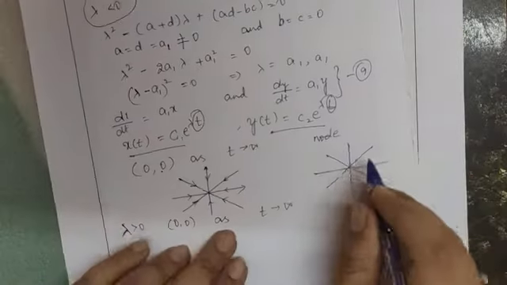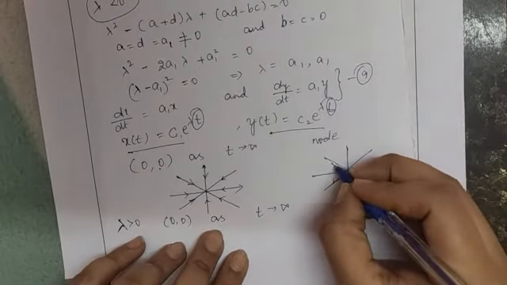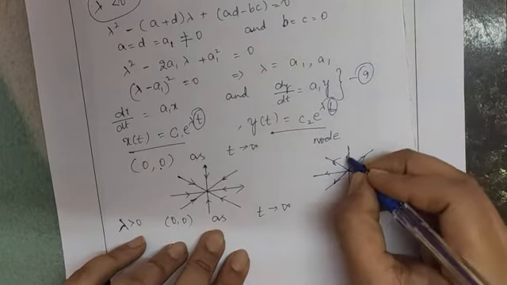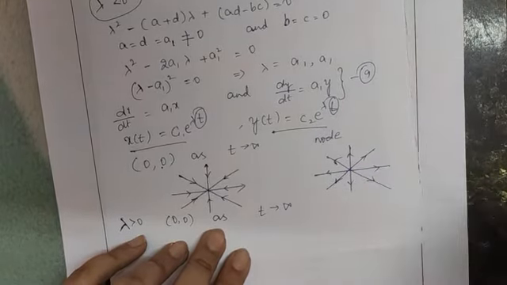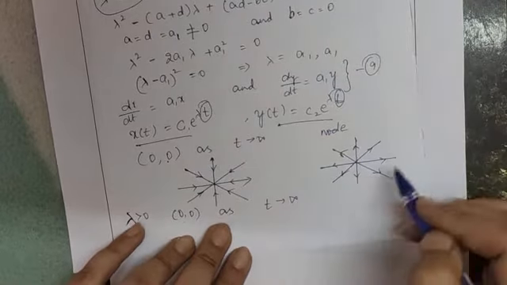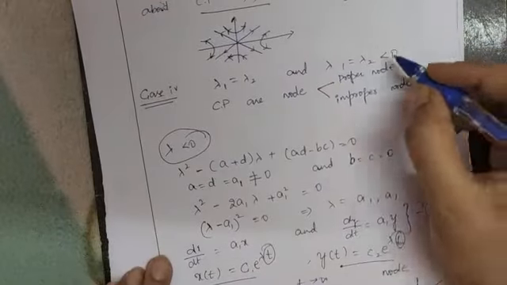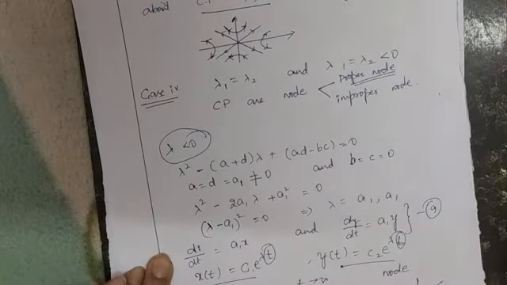So I can represent that as moving away from the origin. Okay, this is when lambda is greater than 0. This is the case for proper node.